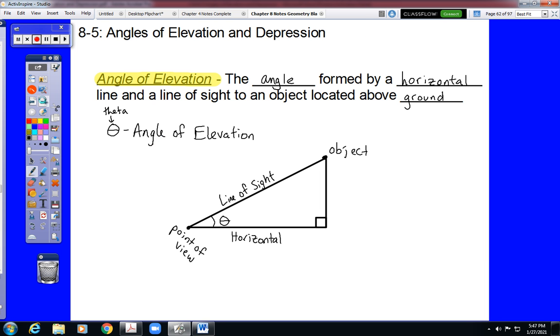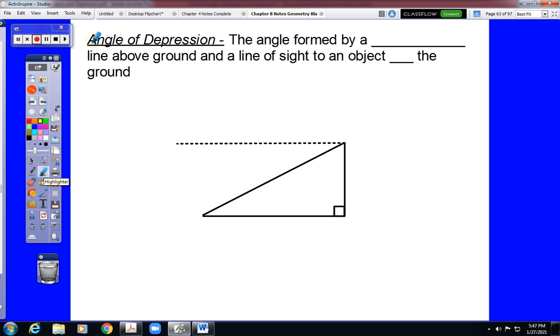The other type is angle of depression. Very similar to angle of elevation. What changes about the picture is the point of view. The angle of depression is the angle formed by a horizontal line above the ground and a line of sight to an object that is on the ground. This time this dotted line is representing our horizontal, and instead of our object being up here, this is now our point of view.